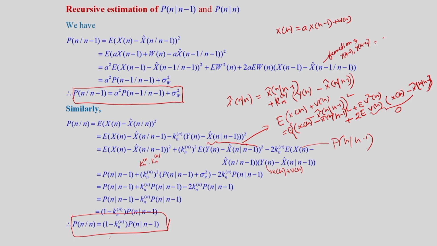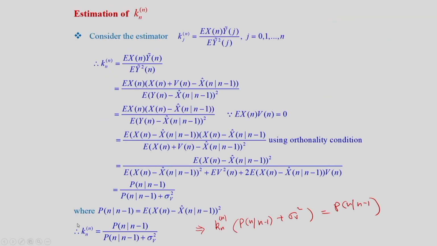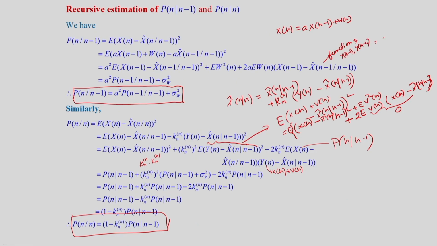So, we have this relationship now, that is the update equation for P of n given n minus 1 and P of n given n, and also we have examined that relationship for k n, that is Kalman gain. So, all these relations will be used now in the algorithmic form.